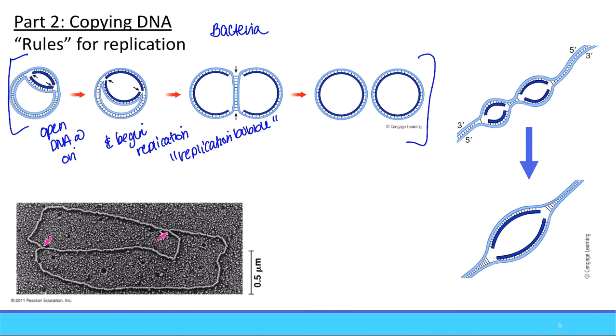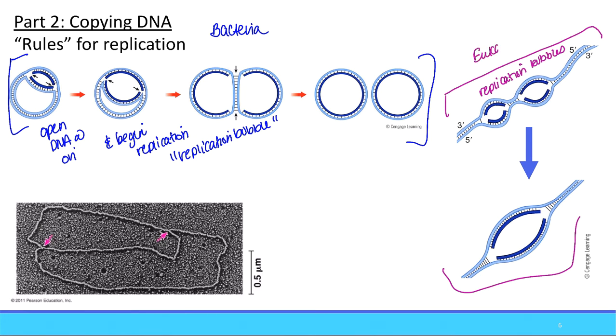But the reason that there is a difference between what is shown here on the left, versus here, what is on the right, here we have multiple replication bubbles. And here we've got a linear piece of DNA, and this is going to be in eukaryotes.